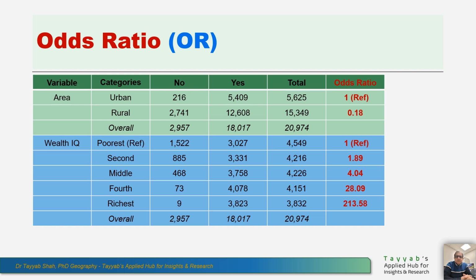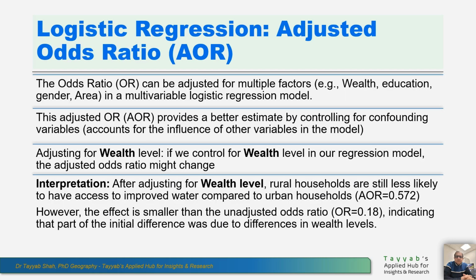Now these calculations are independent from each other, which is just a simple mathematical demonstration. But when we use a multivariate analysis, where we have more than one independent variable, we will see the combined impact, and we want to estimate each variable's impact on the odds ratios by controlling for the others.